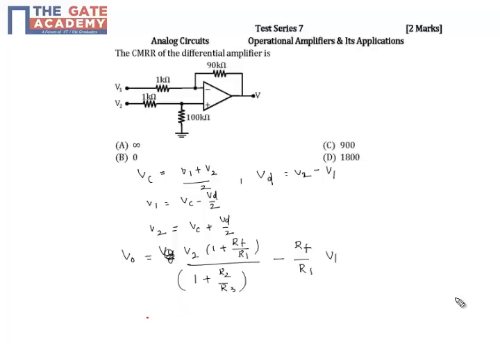So for V2 and V1, just substitute these two values. So this is equal to V2 into (R1 plus Rf) into R3 by (R3 plus R2) into R1, minus Rf by R1 into V1.